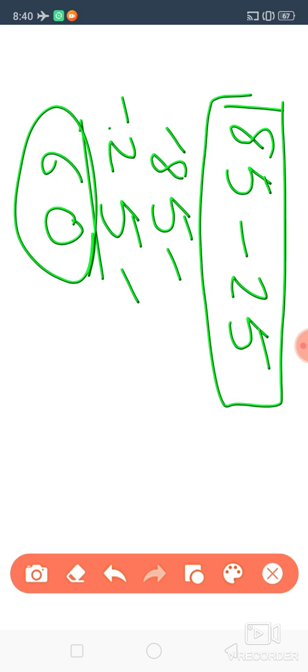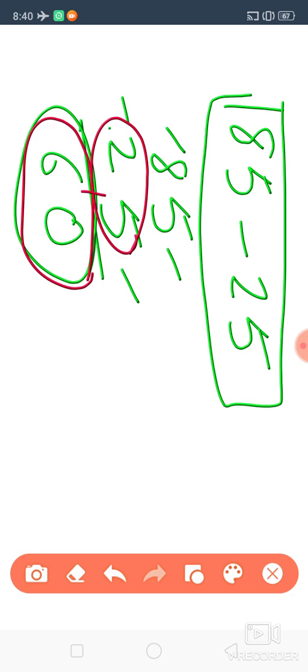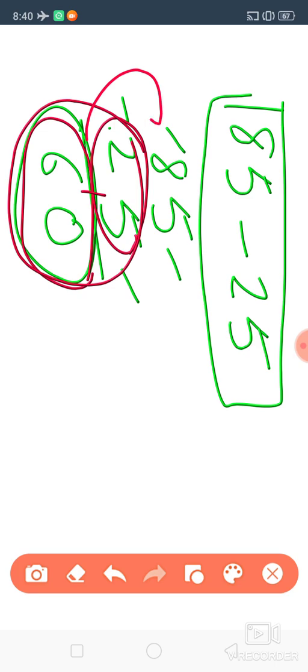Now we have to check whether we have done the answer correctly or not. So how will we check? Whatever answer you have got and whatever you have subtracted, both we have to add. Both the numbers we have to add and we have to get equal to this 85. Okay. So this 25 and this 60 we will add.